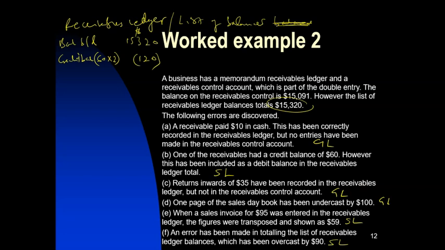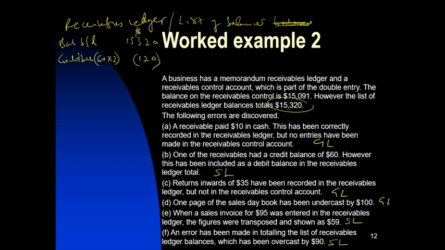The other item is when a sales invoice for 95 was entered in the receivables ledger, the figures were transposed and shown as 59. So there was a transposition error here, and the impact was to reduce the receivable.